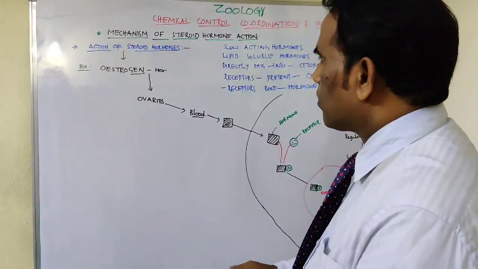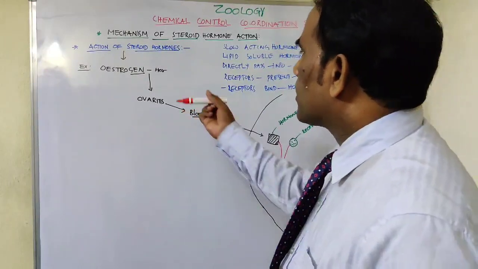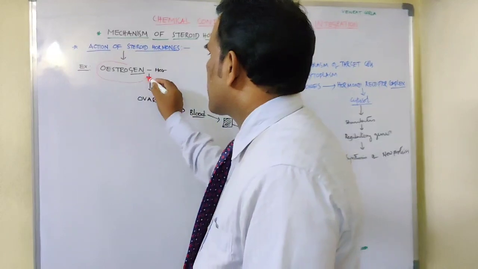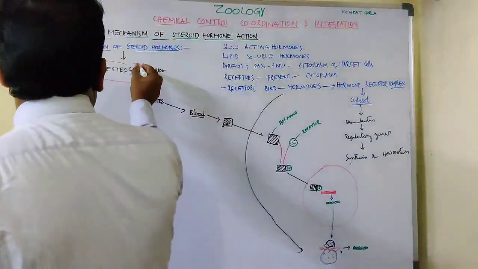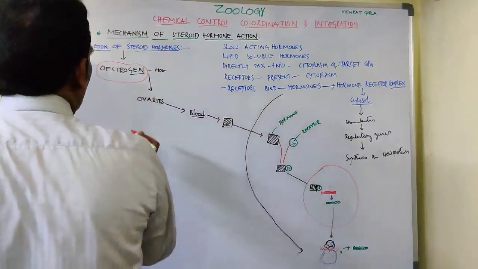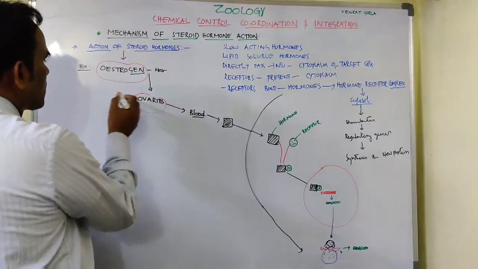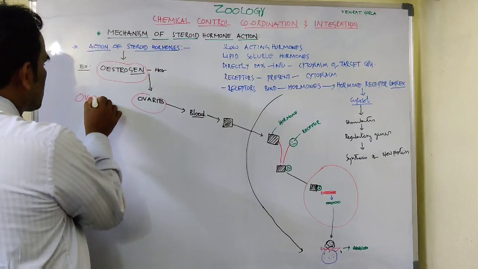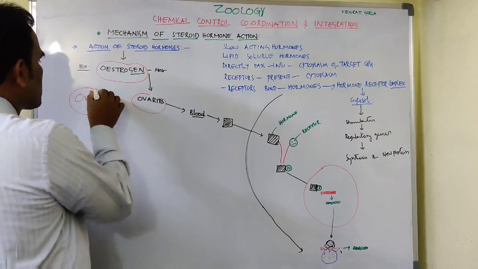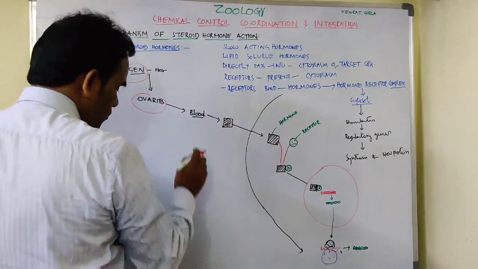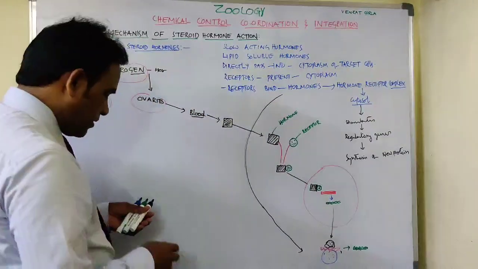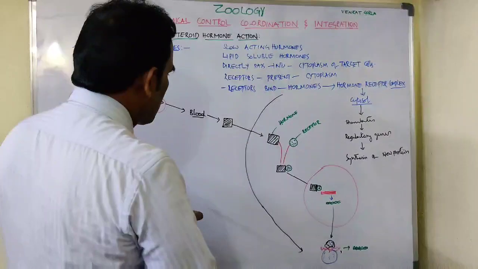Estrogen is a hormone released from the ovaries. From the ovaries this estrogen hormone is released and reaches the blood directly. From the blood it passes to the cell.